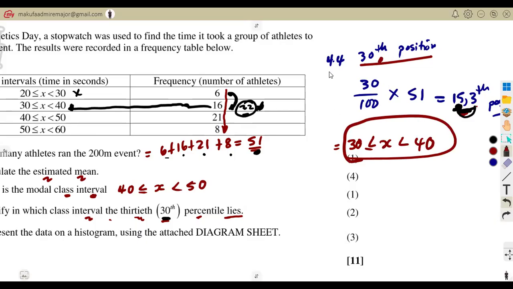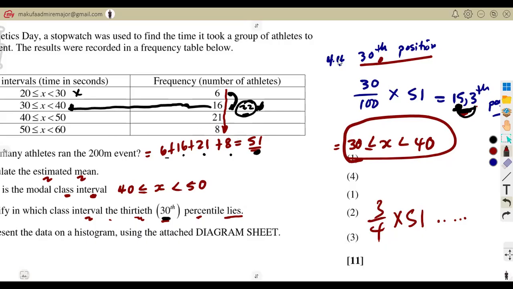They can ask you for the median, half of the distribution. They can even ask you in terms of the quartile. Where do we have 3/4? Where do we have the upper quartile? You just calculate 3/4 of the distribution first, 3/4 of 51. You find the position, then you count where it is going to lie.